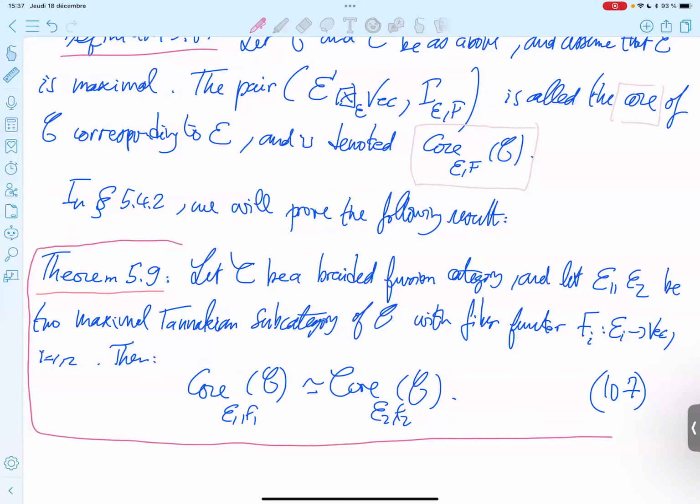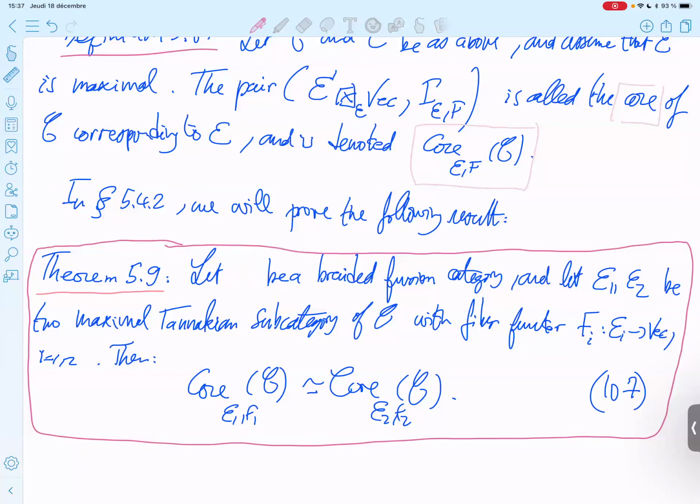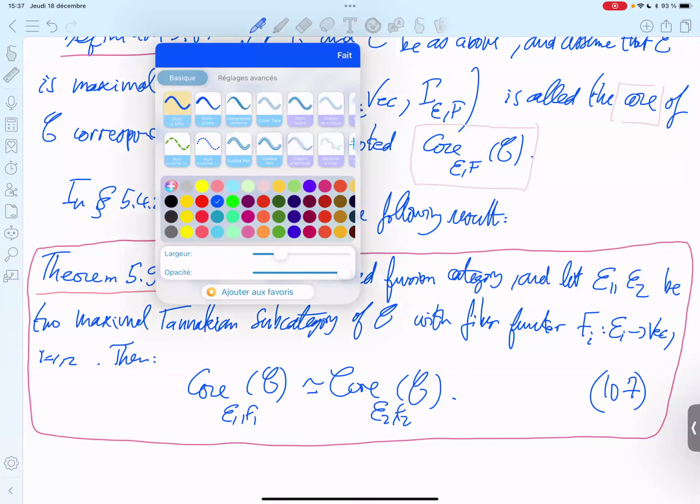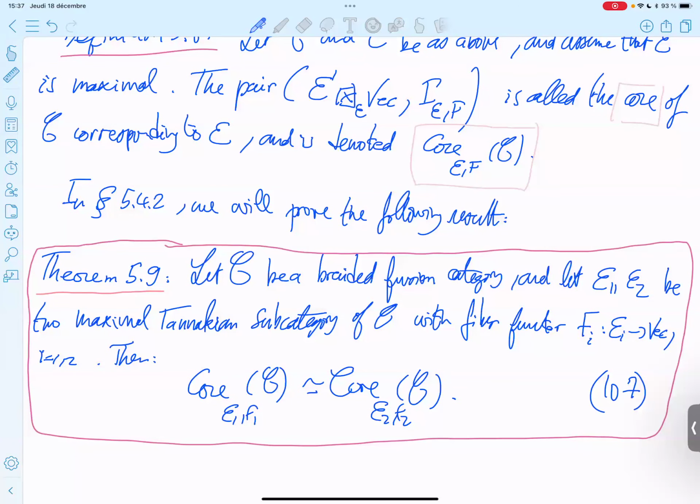So you can think of this as one of the main results of the entire paper. This one and the fact that the core is weakly anisotropic, or the core of the core is anisotropic, which means there is no more group theoretical data, at least no more Tannakian data.